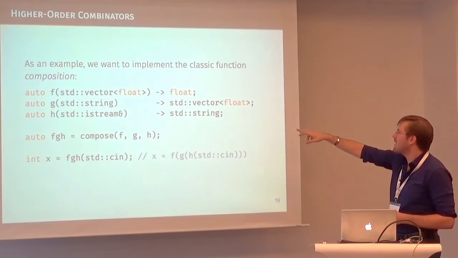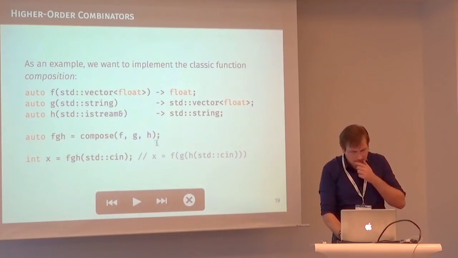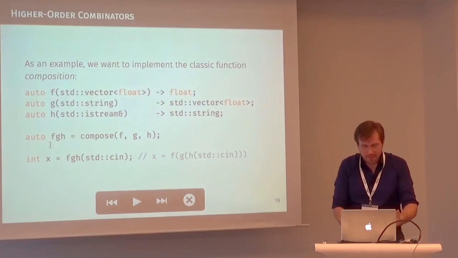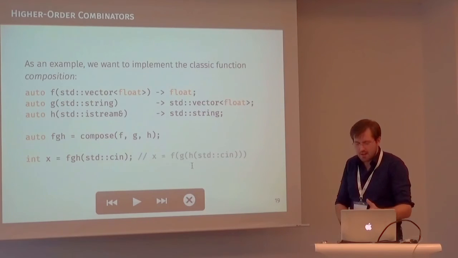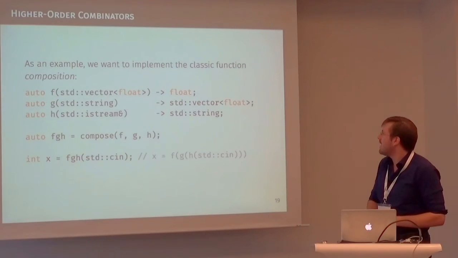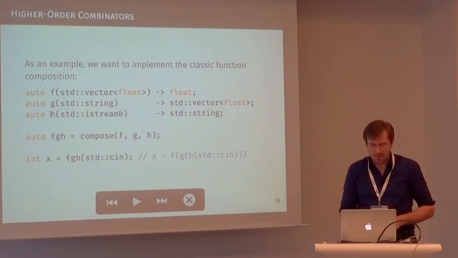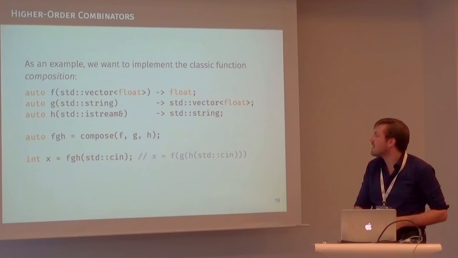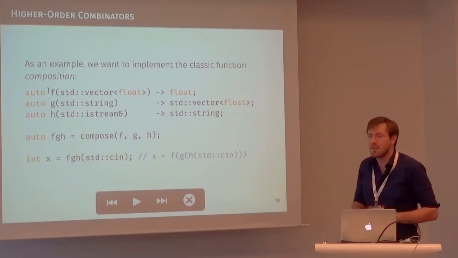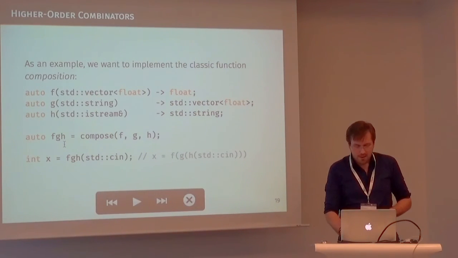And we have 3 functions, and we want to compose them this way, so we obtain a function fgh, which is equivalent to calling F, G, and H. Okay, I've chosen these types because it reminds me of a function to load from a file, a function to parse a string into a vector of floats, and a function to compute something from this vector of floats. And we want to compose these three functions into one function.